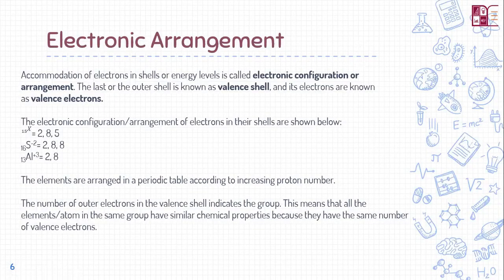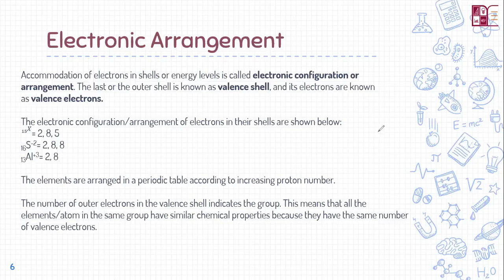So in this electronic arrangement, I'm going to share how the electrons are accommodated in the shells, which are also known as the energy levels. And this accommodation of the electrons in their shells or energy levels is known as the electronic configuration, or simply the electronic arrangement. Supposing I have to draw it and show it to you guys.